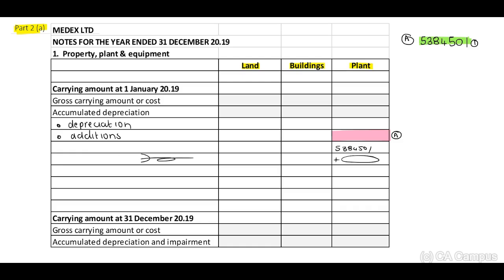I'm going to include this as one line item because technically this is the correct way to do this. Remember, we still have to include our IFRS 1 change. Okay, but the total is the 5.3 million.